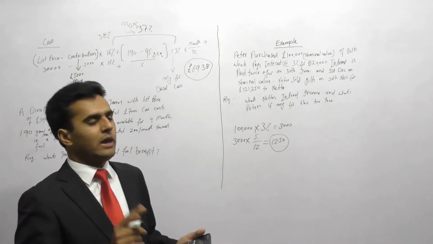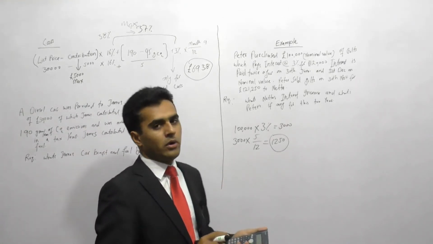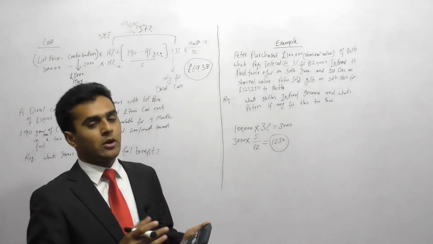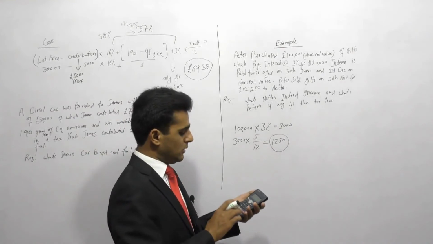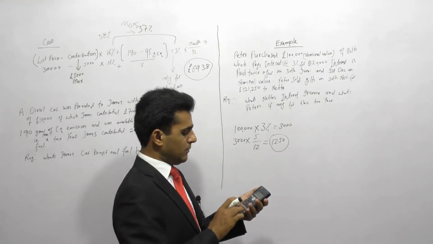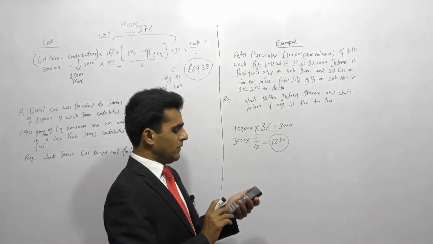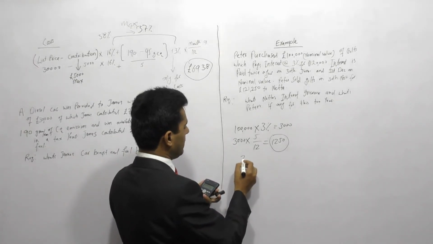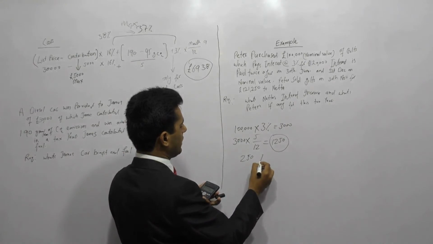So she will only have to pay tax on 1 month of interest, and 1 month's worth of interest will be included in the savings income of Netta. So £1,500 multiplied by 1 over 6, which comes to £250. So for Netta, £250 is interest income.